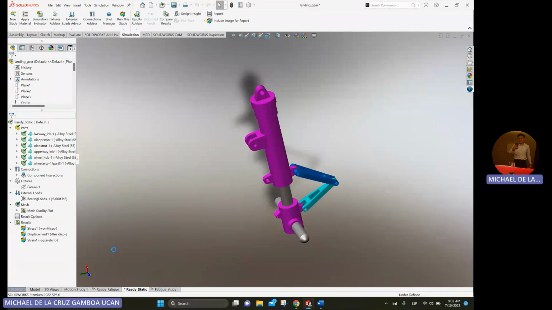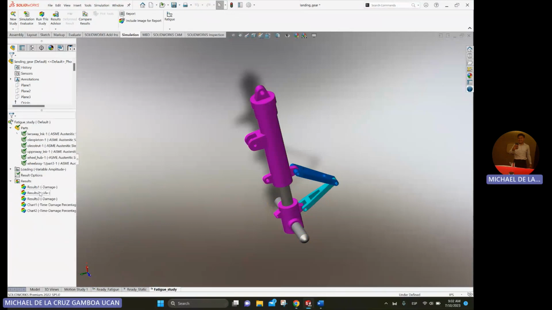And here, in the fatigue study, we can see the results: damage, life, and time damage percentage. We can also see the useful life of the piece, and finally, by means of a graph, observe which is the point of the whole piece that suffers the most fatigue and which could fail first.